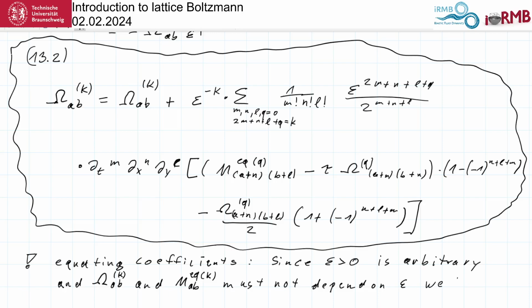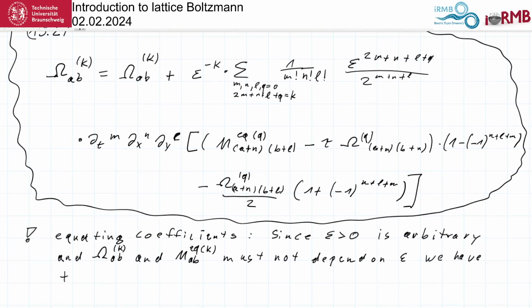And therefore, we have to restrict the sum to terms of order epsilon to the power of k. So what is on the left side must have the same order in epsilon as what is on the right side.